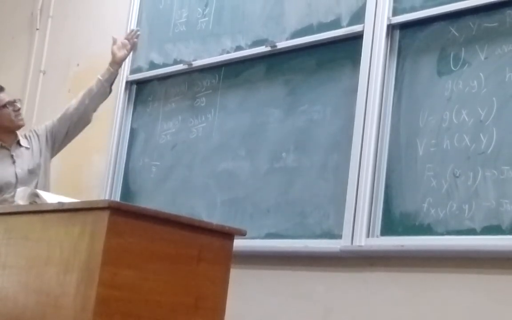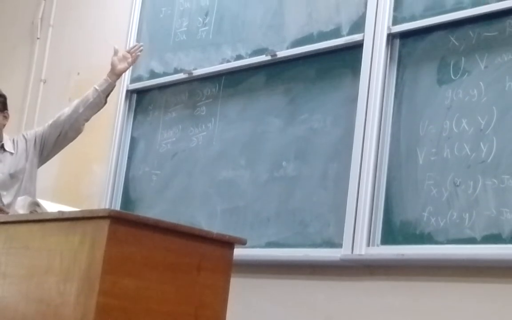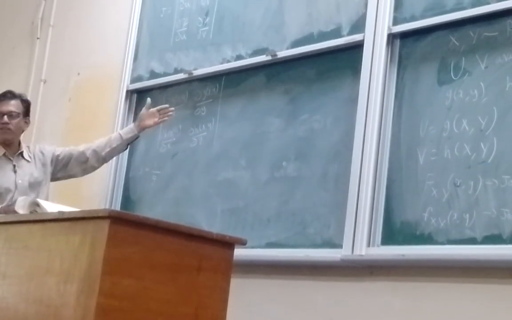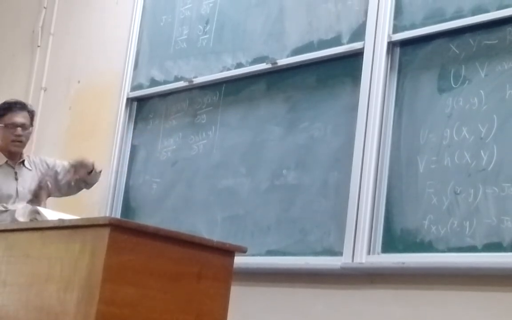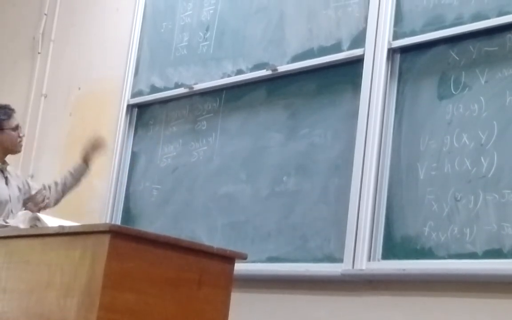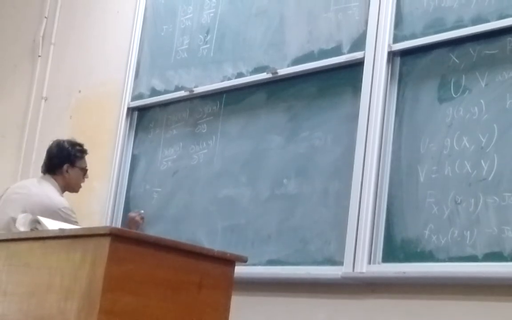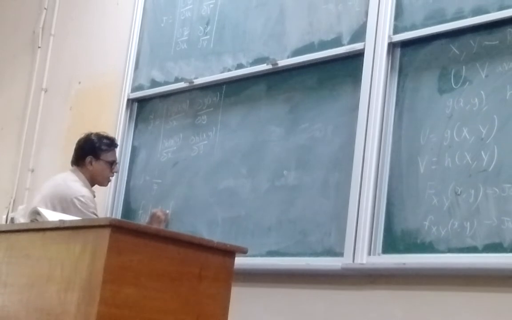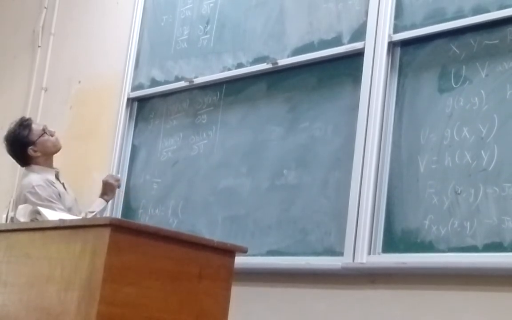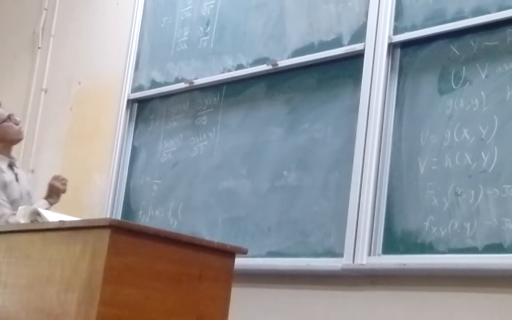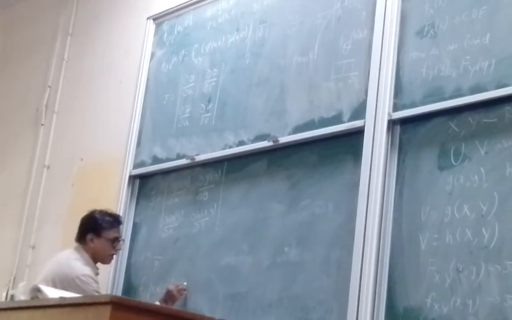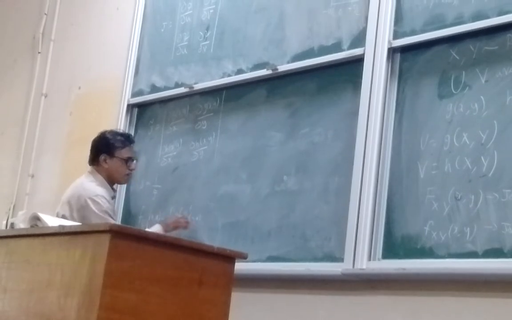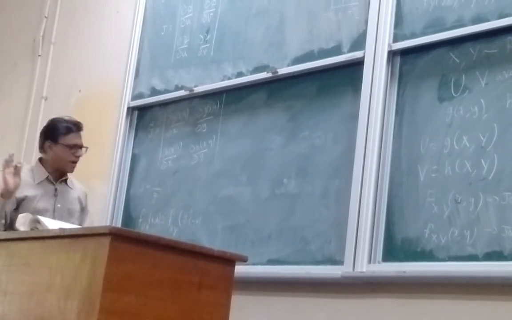Why? Because that is something like dx dy by du dv, and here it will be du dv by dx dy. That is why they are related. So there is another way of writing this. f_UV(u, v) is equal to f_XY of, if I want, sometimes I will put G inverse of (u, v), but in a single variable it is okay to put G inverse.